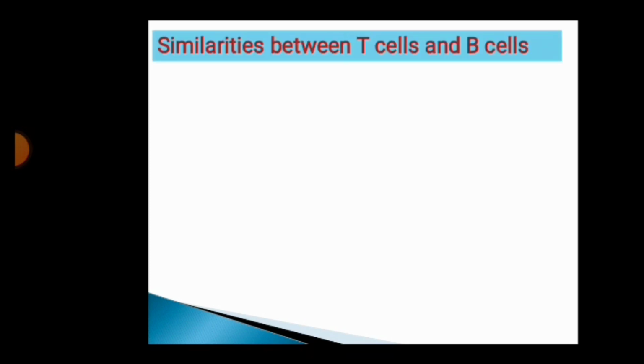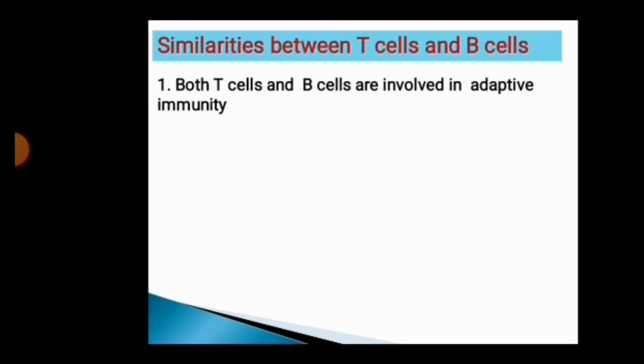First of all, we will discuss the similarities between T cells and B cells. The first point: both T cells and B cells are involved in adaptive immunity. Now, what is adaptive immunity? Adaptive immunity is an immune system that is composed of specialized and systemic cells and processes that eliminate pathogens or prevent their growth.